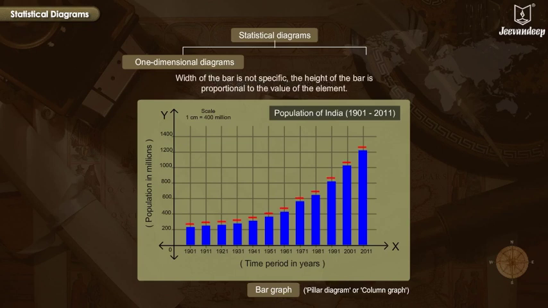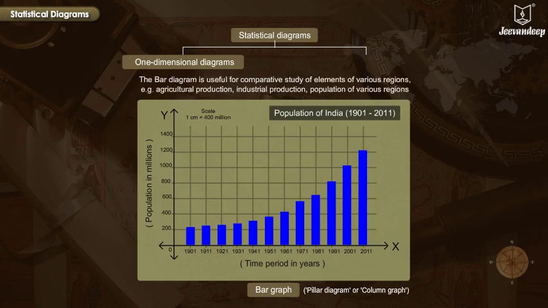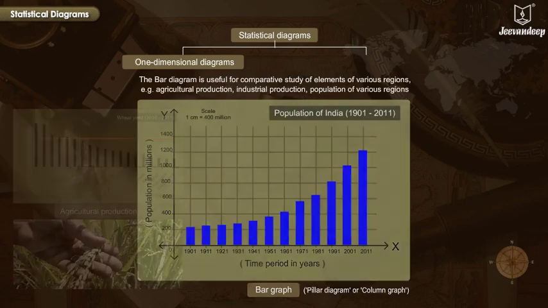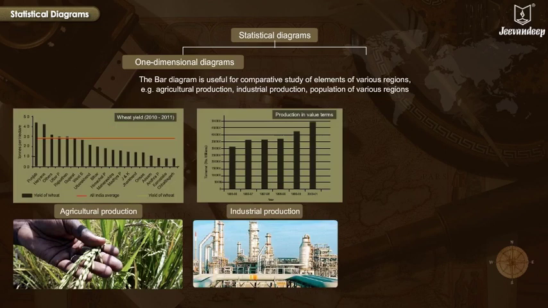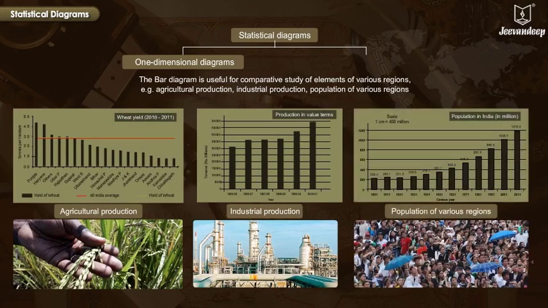Although the width of the bar is not specific, the height of the bar is proportional to the value of the element. The bar diagram is useful for comparative study of elements of various regions, for example, agricultural production, industrial production, population of various regions, etc.